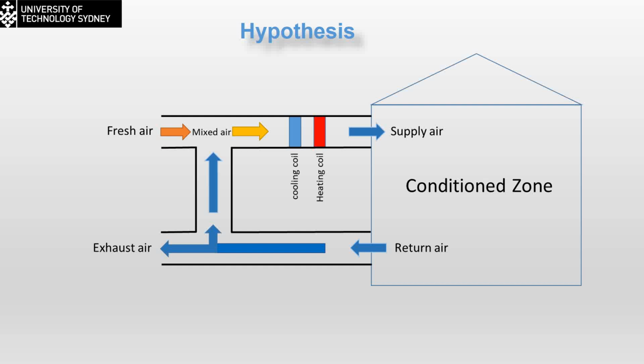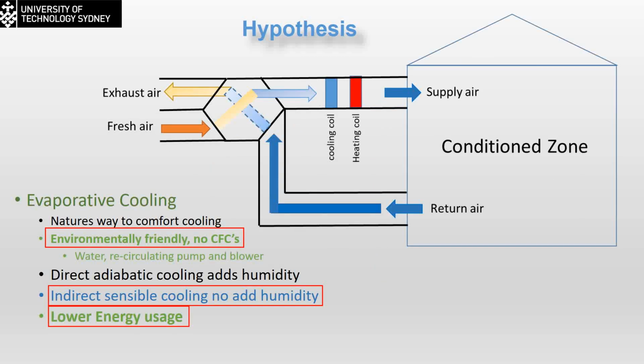A portion of it, usually 50-50 or 30-70, is going to return back to the zone. So 50-70% is going to be exhaust air. That means we're losing energy. So simply we can put in a heat exchanger to utilize 100% of the exhaust air to pre-cool the fresh air.